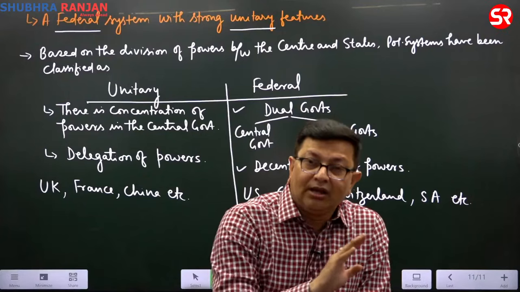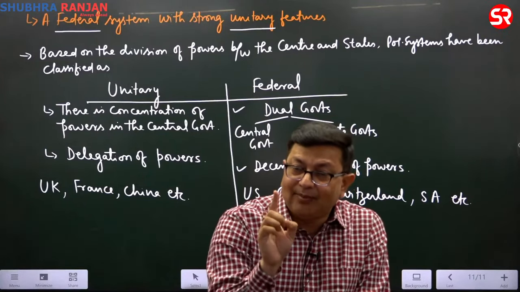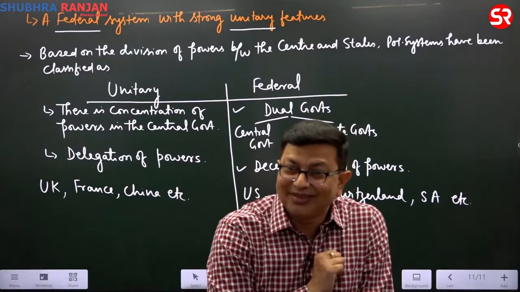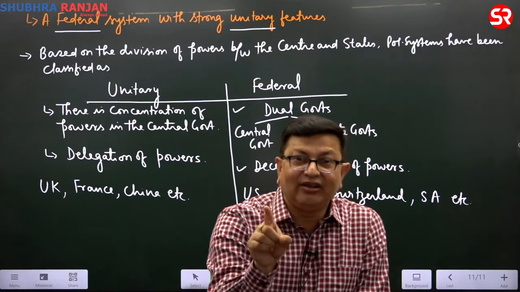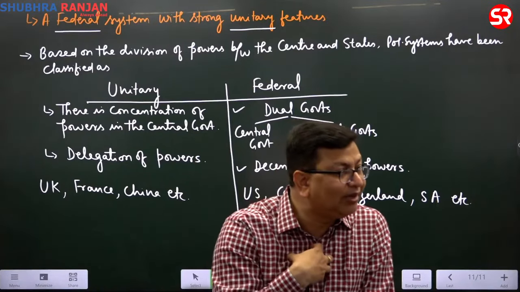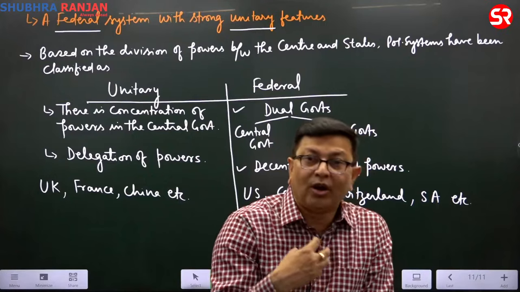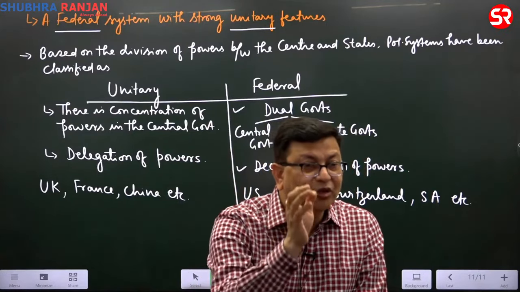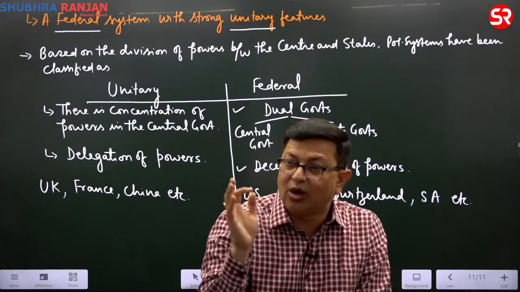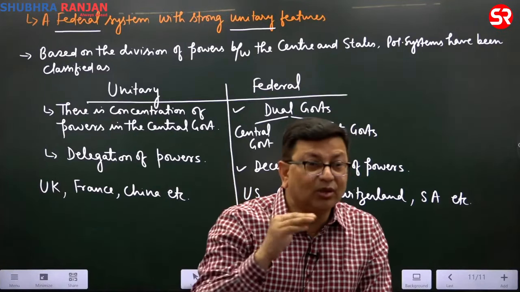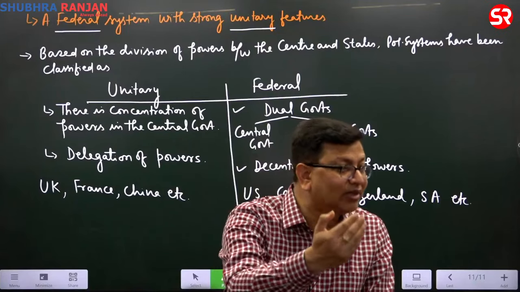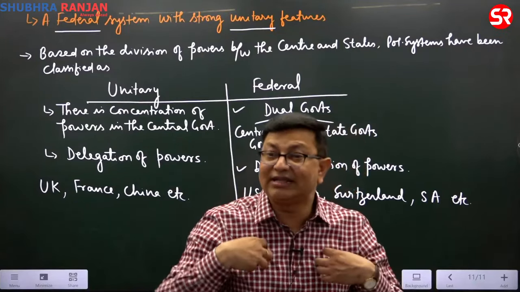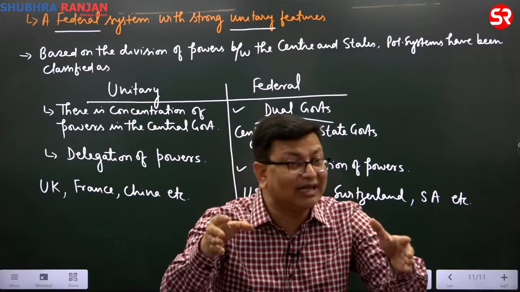Now if this class is an example of a federal system, you people are the state government and I am the central government, then what will be my powers, what will be your powers? There should be clear-cut demarcation or division. That is known as decentralization of powers. Powers will not be centralized in me. It will be decentralized.